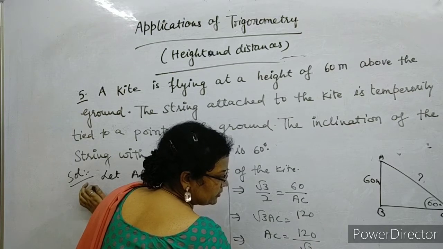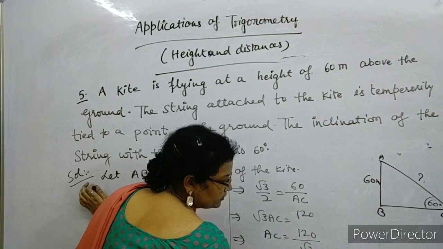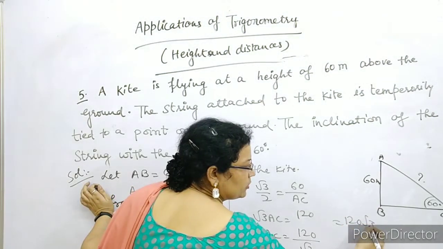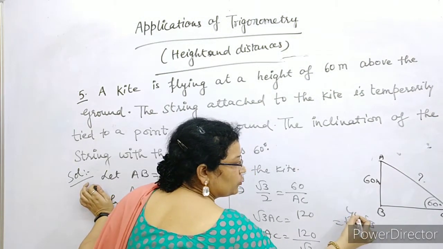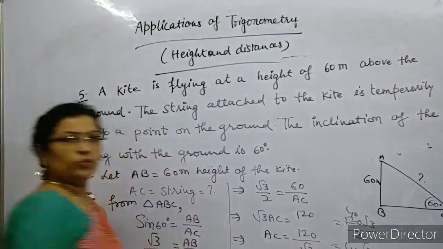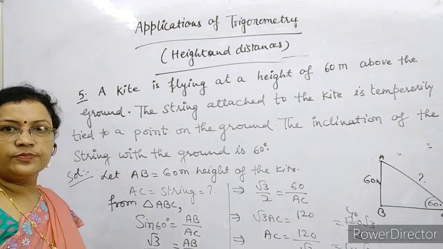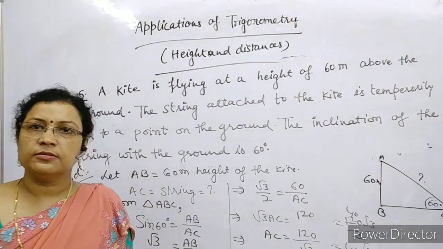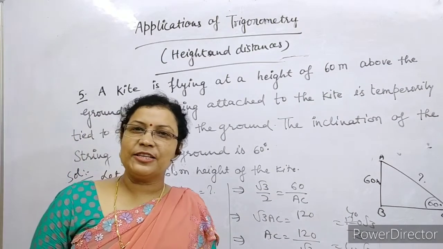We make it rational: 120 root 3 by 3, which is 40 root 3. So the length of the string is 40 root 3 meters. We have to be very careful about drawing the diagram and taking the T ratio; the rest everything automatically follows.